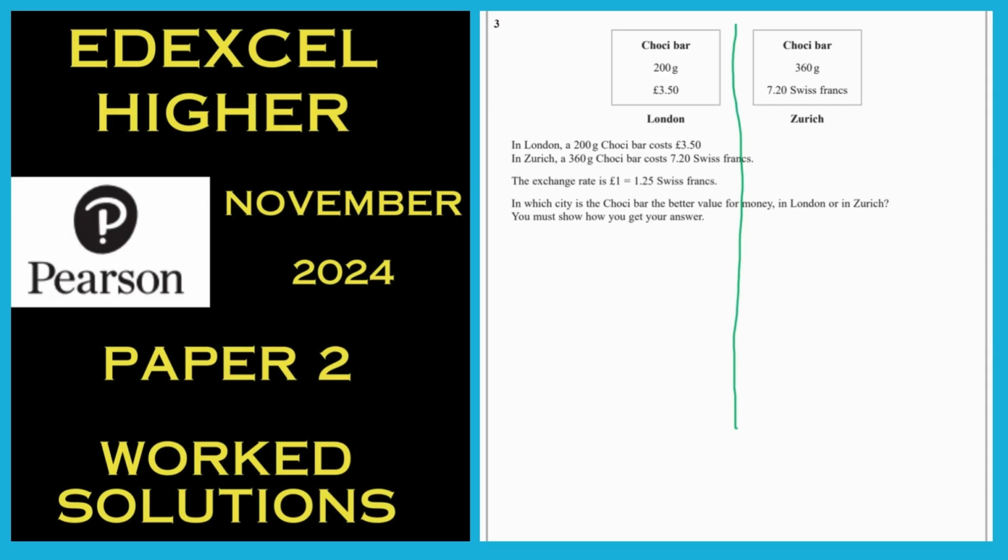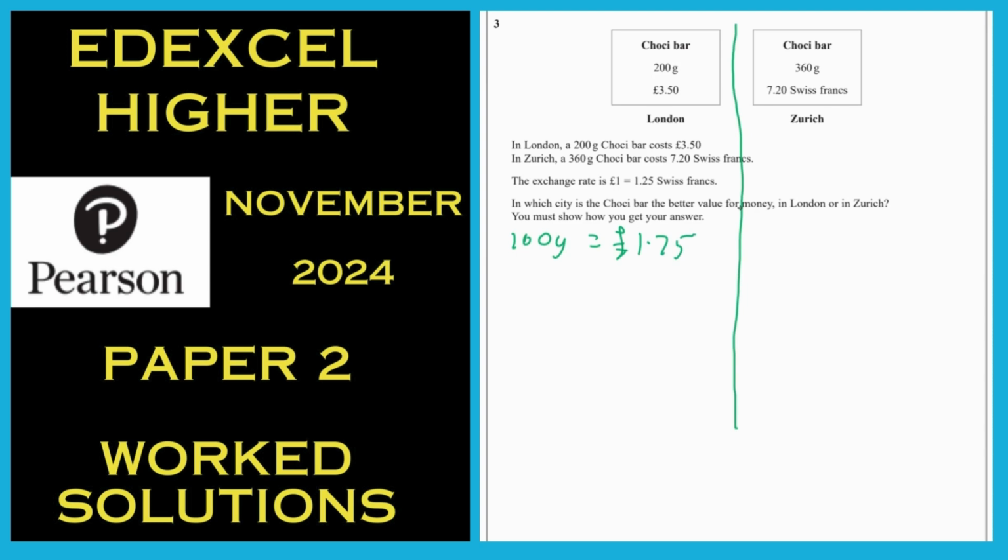I start with London, and we know what 200 grams is worth. It shouldn't take too much of a leap of faith to say that you halve it. So in London, 100 grams costs £1.75.